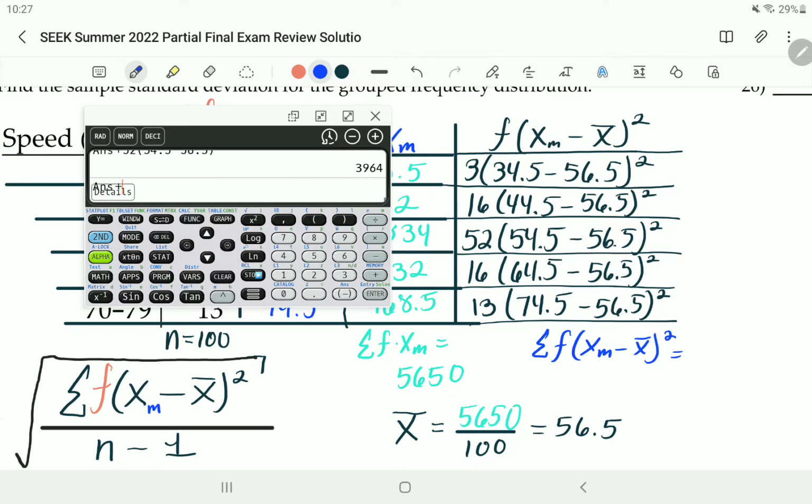Now we're going to add 16, parentheses, 64.5 minus the mean 56.5. Close that up, hit square. Enter. Then the last one, add 13, parentheses, 74.5 minus 56.5. Close that up and square that. And we get 9,200 on top.